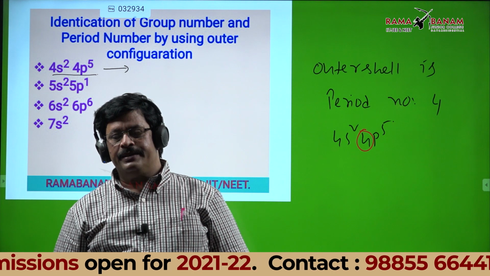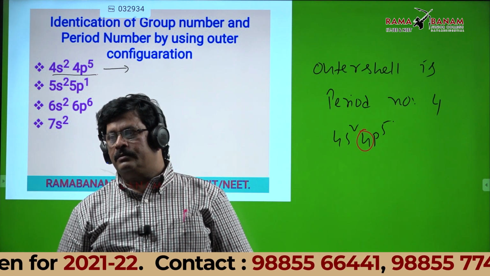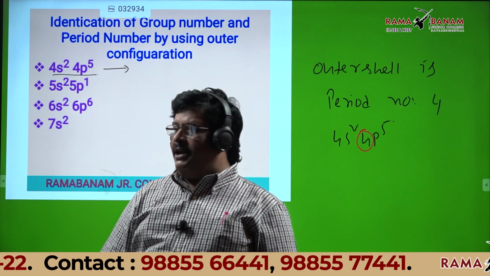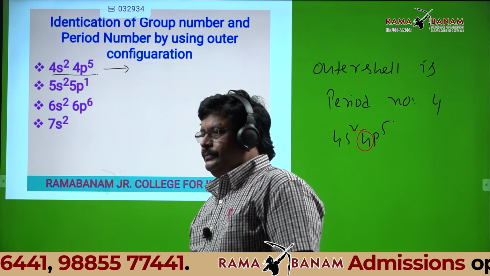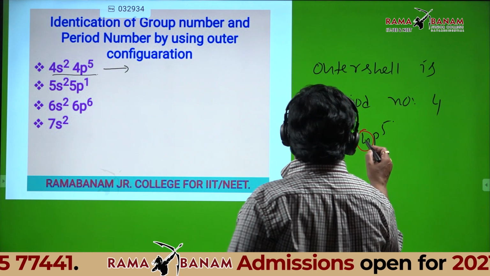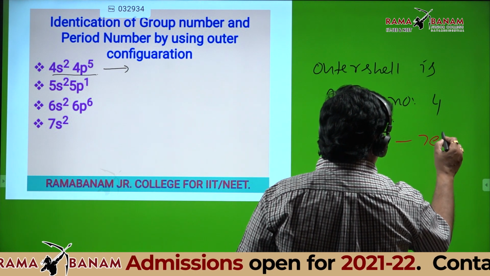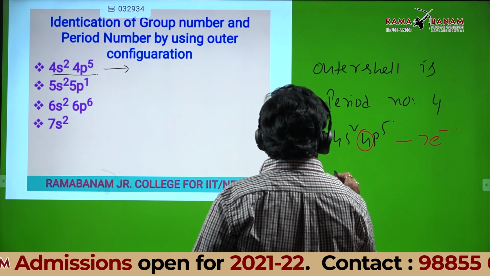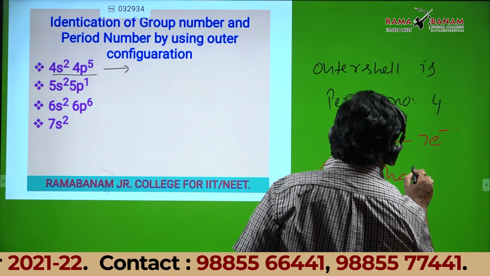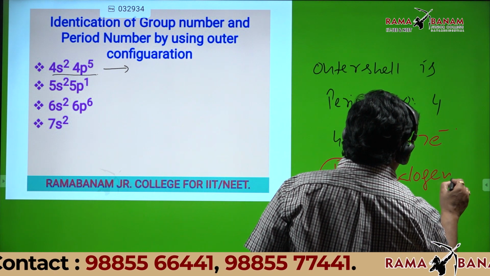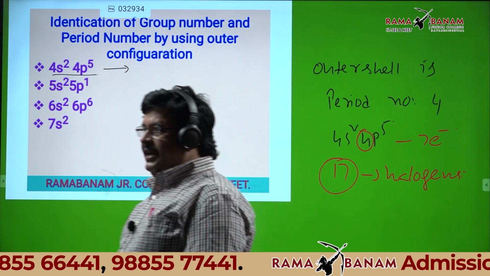Students, is it okay? Yes, sir. Can anyone tell the group number? 7. Because there are 7 valency electrons, it's group 17 and this element is a halogen. Is it okay?